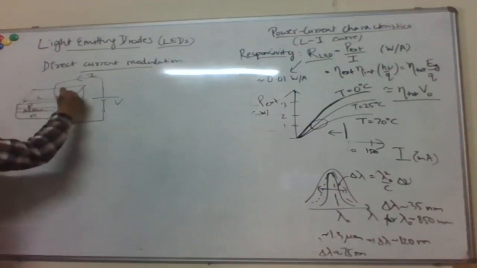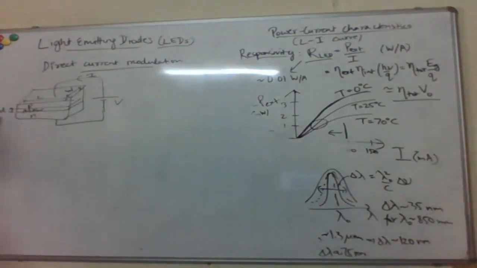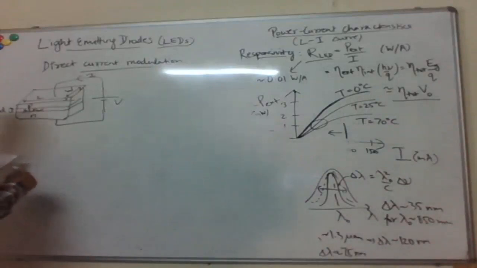So length L, width W, and then the thickness of the active region is some D, which we saw is typically maybe 100 to 200 nanometers in that range.